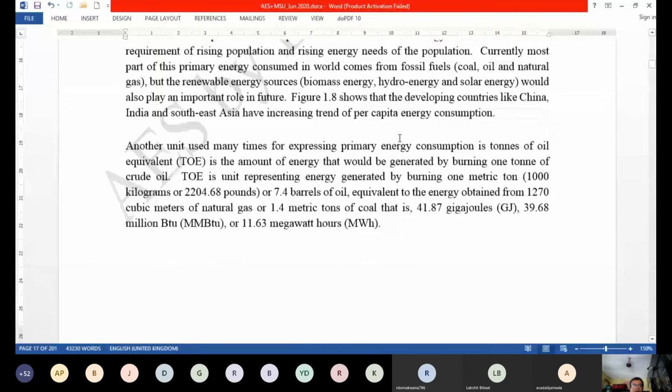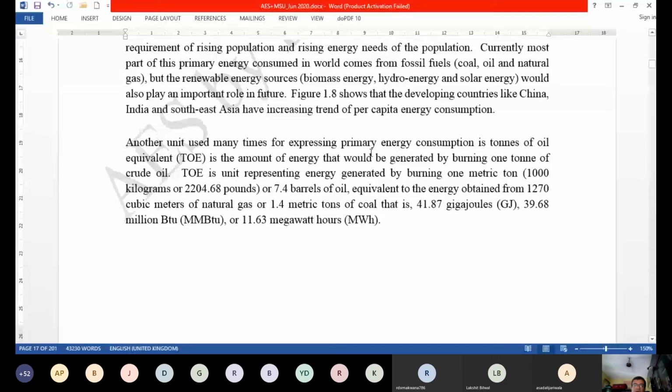Now there is one unit which is also used many times, and that is called tons of oil equivalent, because oil is a very dominant source of energy. So tons of oil equivalent is how much? A ton is 1000 kilograms, or 2204 pounds, or 7.4 barrels of oil.